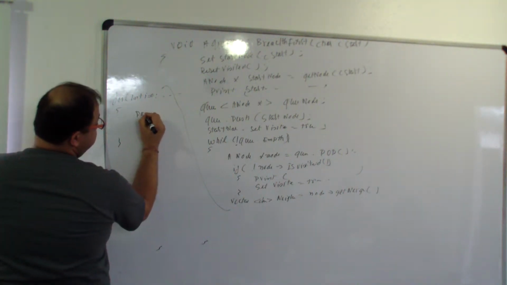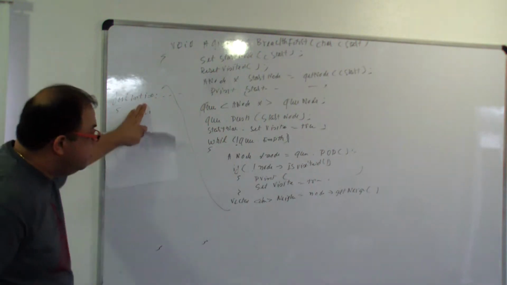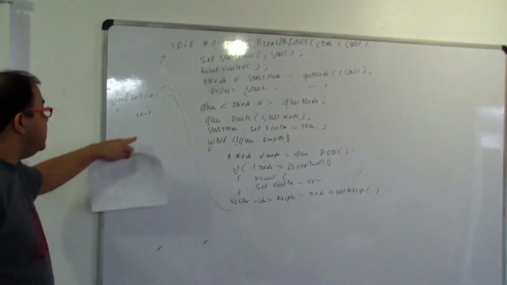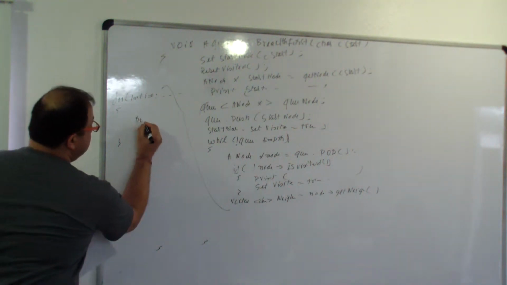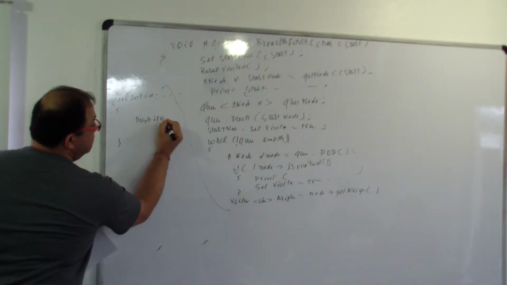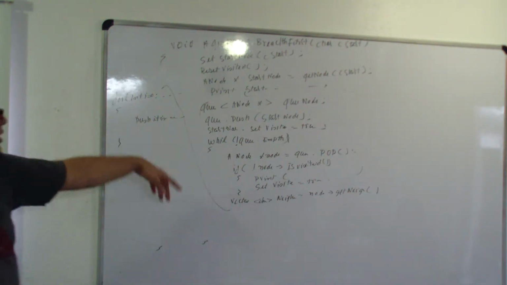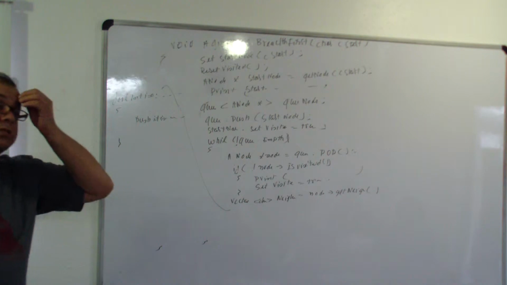We'll check the condition: if the node is not visited, then push it in the queue. And this will run, and when everything is done, we'll just break out of this.